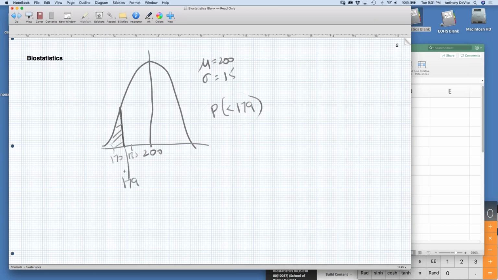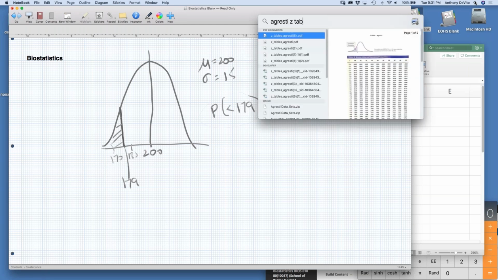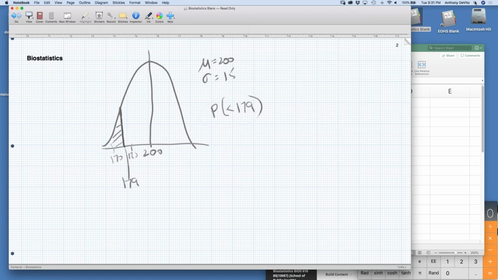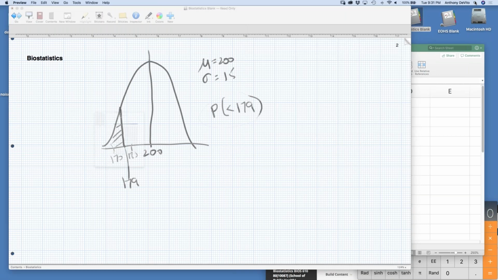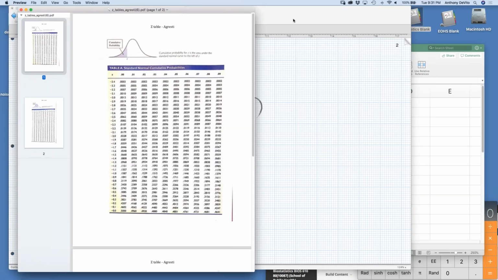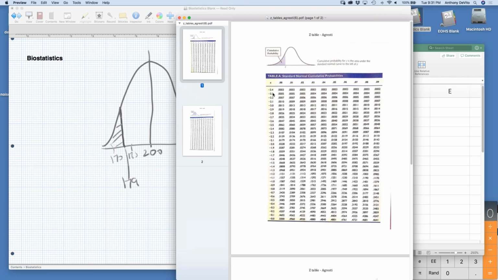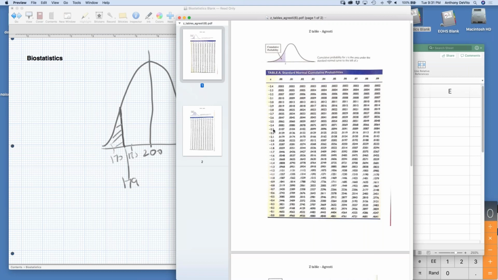Okay, so I want to know what that area is. Well, fortunately, we have a table that helps us do that. We have the Z table, which describes the standard normal distribution table, which describes for us what these areas are in relation to the number of standard deviations. And here's the Z table. So we can take the Z value, the number of standard deviations below the mean, which is going to be a negative number because we're to the left.